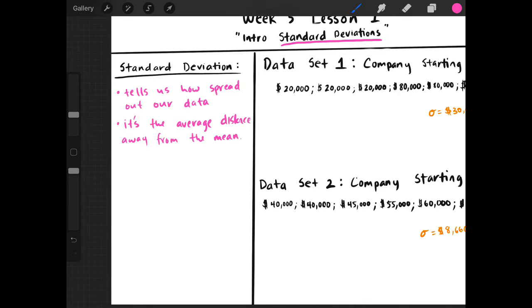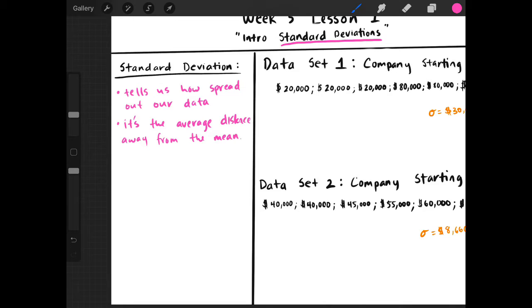The mean is the average when you add up all your numbers and divide by however many numbers there are. What the standard deviation tells us is how far each individual piece of data is away from the mean on average. So that's why the more spread out it is, the farther away everything is from the mean or the middle, where the more closely related all your numbers are, the closer it is to your mean or your average.